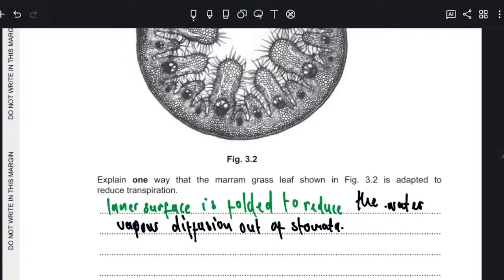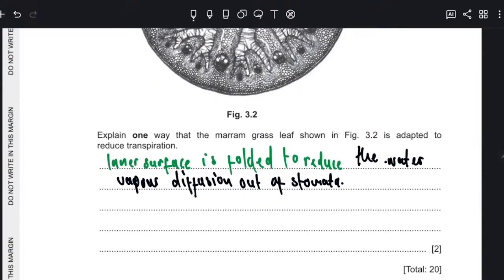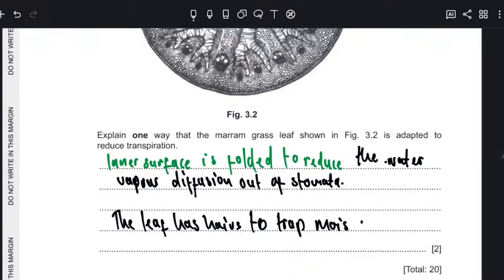Or you can even say it has hairs. The leaf has hairs to trap moist air and reduce water loss. Okay?